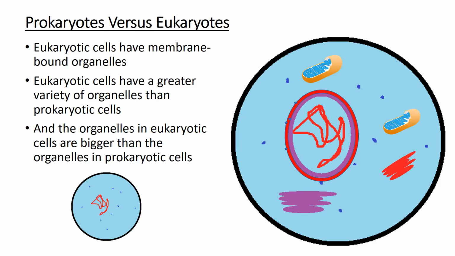And this is illustrated in these two images. The image on the left is a prokaryote. The image on the right is a eukaryotic cell. And you can see there's more organelles and they're larger. And it's not obvious in this image, but those larger organelles are membrane bound.